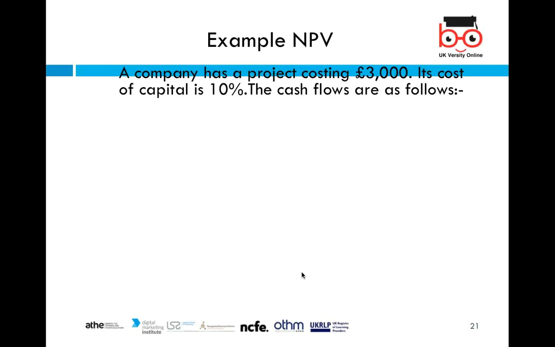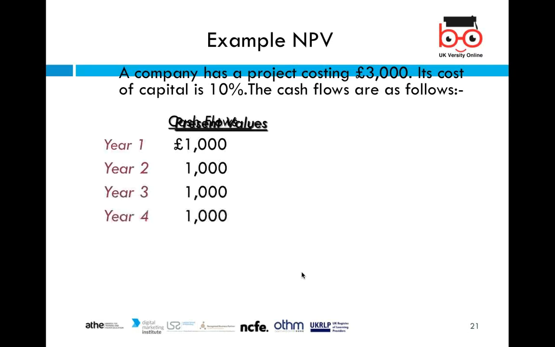So let's see another example of NPV. A company has a project costing 3,000, and the cost of capital is 10%. If the cash flow is 1,000 pounds every year, let's see the present value.